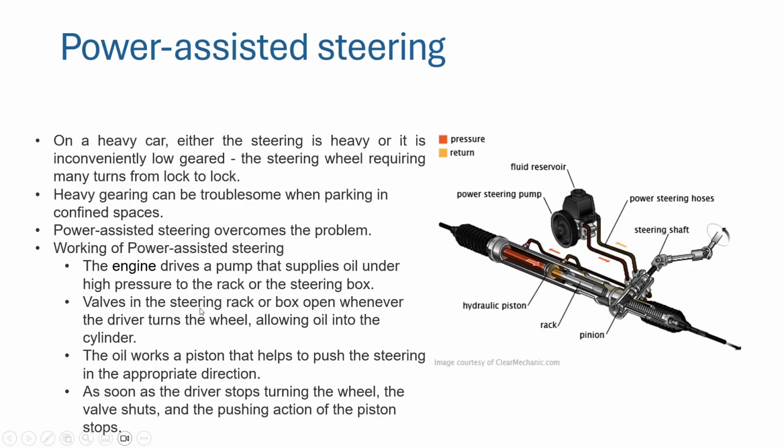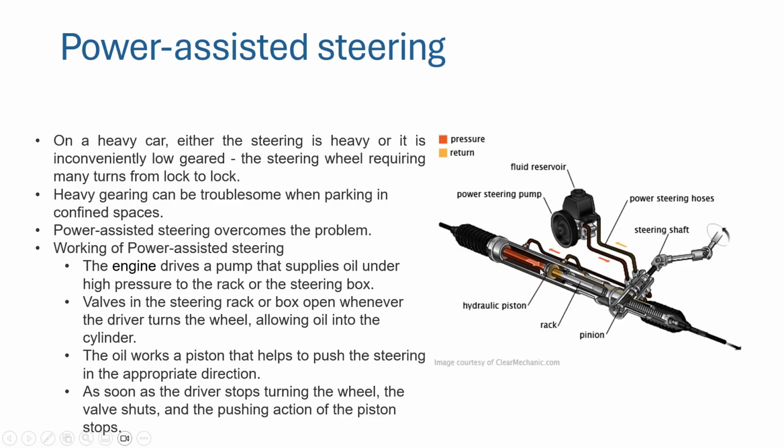So valves in the steering rack or box open whenever the driver turns the wheel, allowing oil into the cylinder. So oil from the reservoir is moved to the cylinder whenever the steering wheel is rotated. The oil works on a piston system and helps push the steering in the appropriate direction.